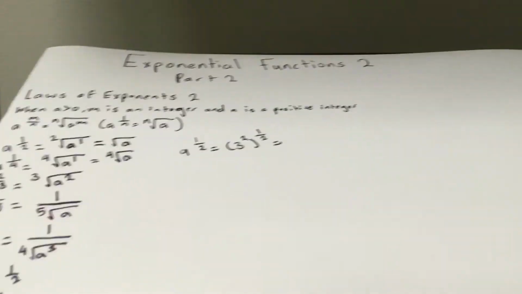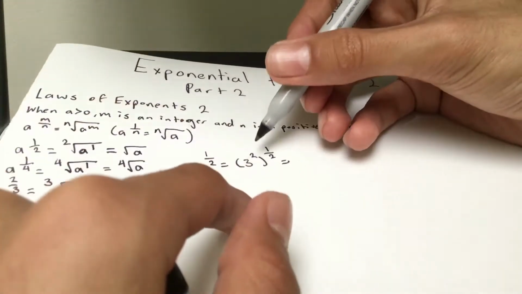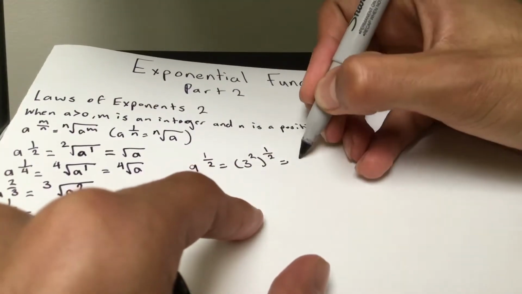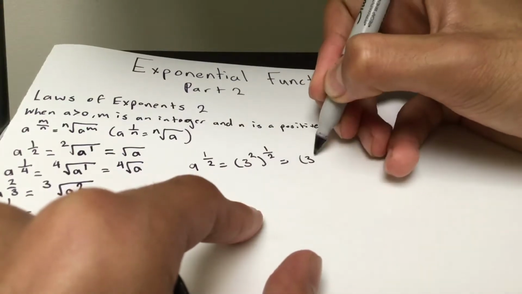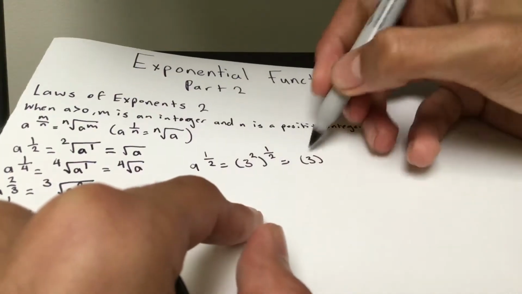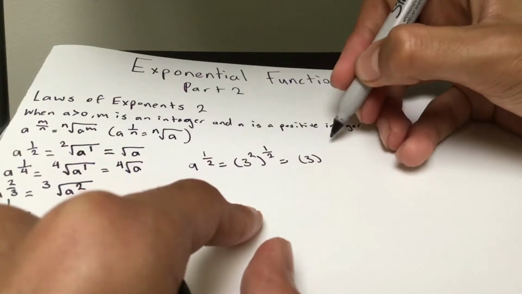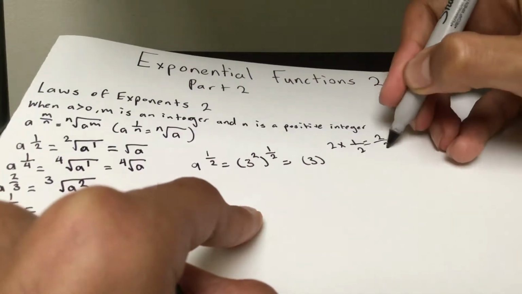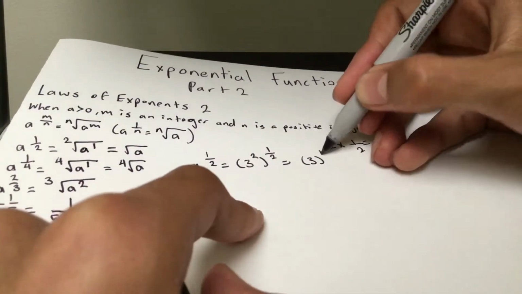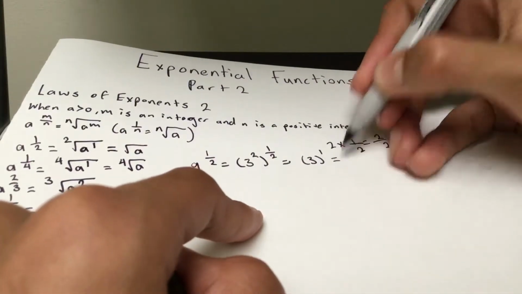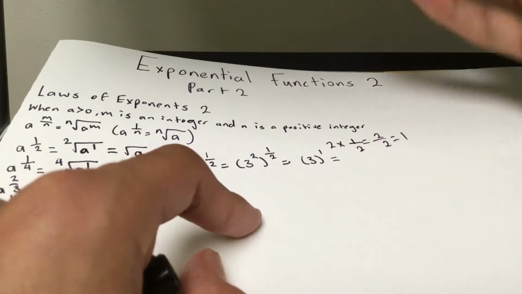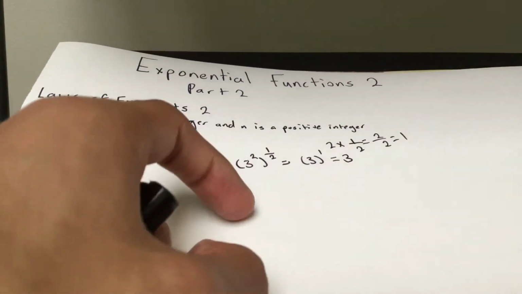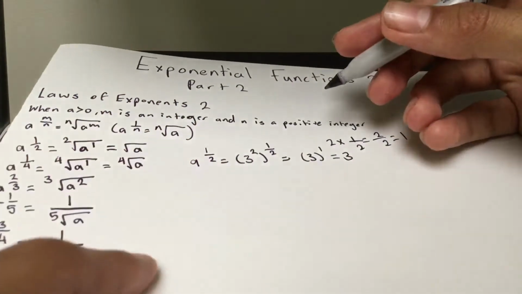The first thing you need to do is multiply the exponents. We leave 3 here, and 2 times half is 2 over 2, which is 1. So it's 3 to the power of 1, which can also be written as 3. That is our answer.